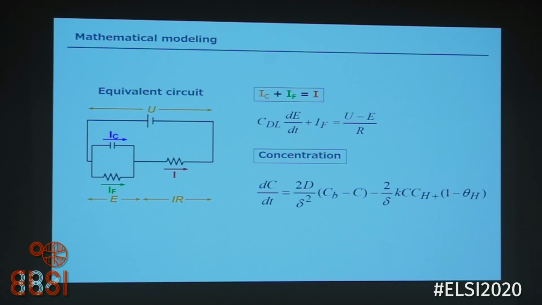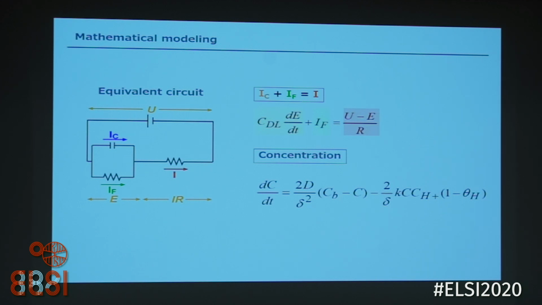This can be modeled with a very simple equivalent circuit. Now we are doing electrochemistry, so the potential U is fixed at a constant, and U can be divided into the double layer potential and the ohmic drop. And the current flowing in the system is the sum of the charging current and the Faraday current. So in this equation, the time differentiation of the double layer potential appears in the charging current.